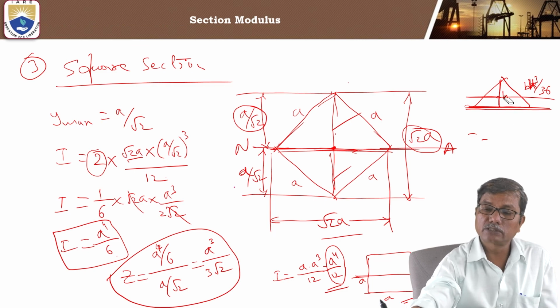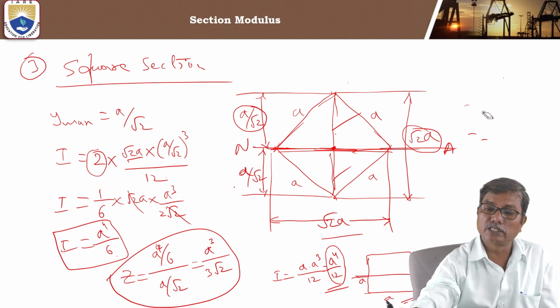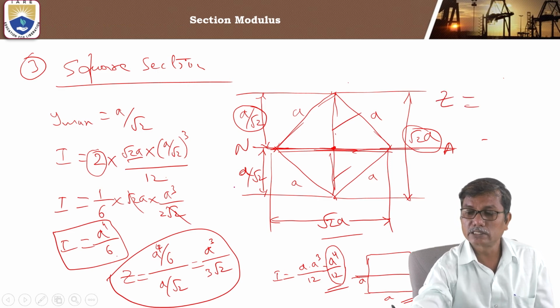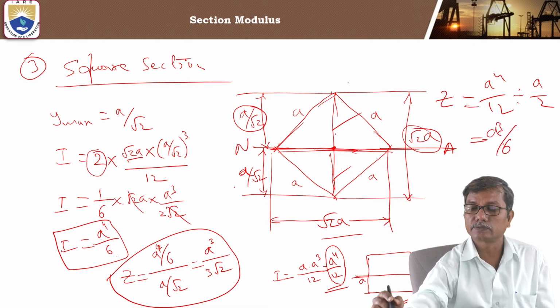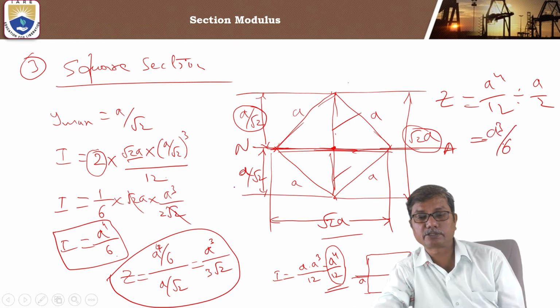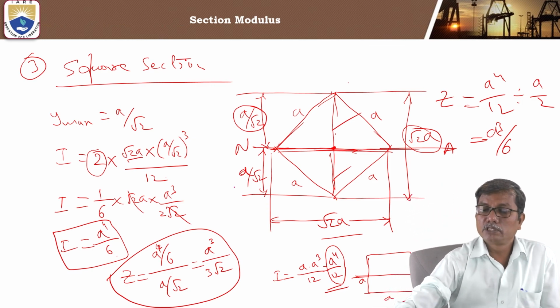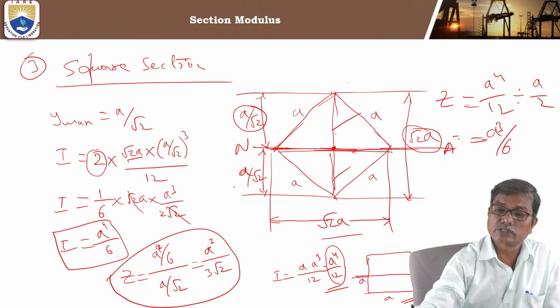For a square section with one of the sides horizontal, I is a power 4 by 12 divided by a by 2. That is a cube by 6. So a cube by 6 is the section modulus for the square.